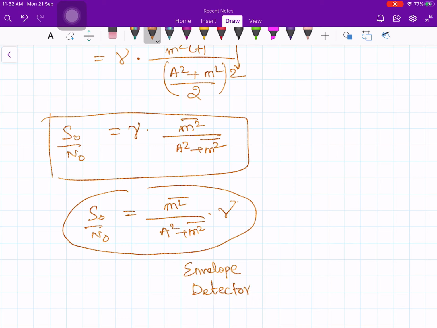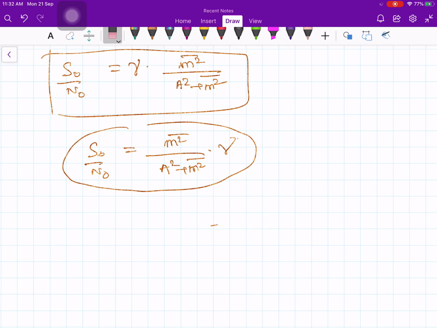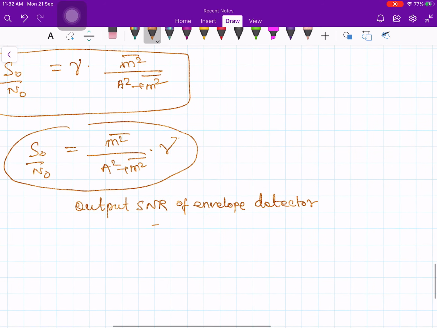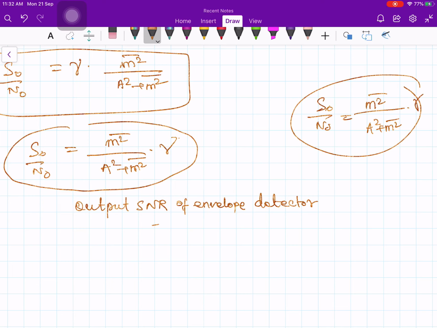Output SNR of envelope detector. Similarly, we also got the same expression: S naught by N naught is m square bar divided by a square plus m square bar times gamma, for the synchronous detector.